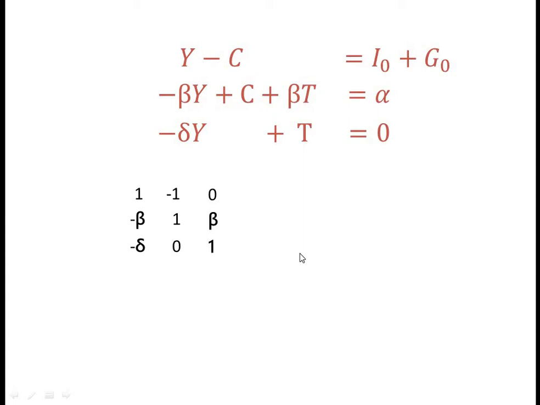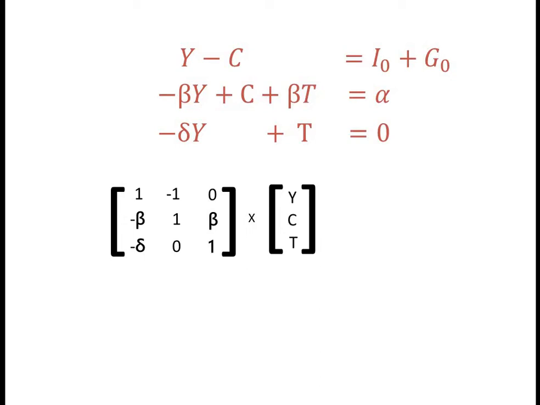So this is the coefficient matrix multiplied by the variable vector, the column matrix of Y, C and T, equal to the column vector of constant terms, that is I naught plus G naught, alpha and 0.